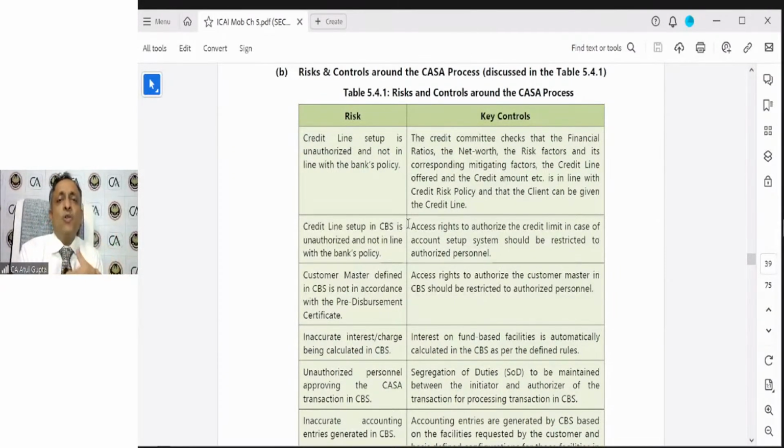That is how the banker wants to respond. So when you read this whole idea about credit line in terms of CASA, current account and saving account, relate it to the facilities that the bank is going to provide. Credit line as a word is more pertinent to advances accounts, but let us take it as it is coming.